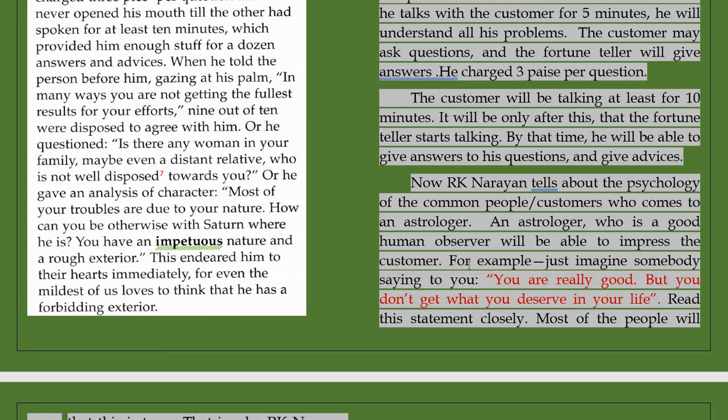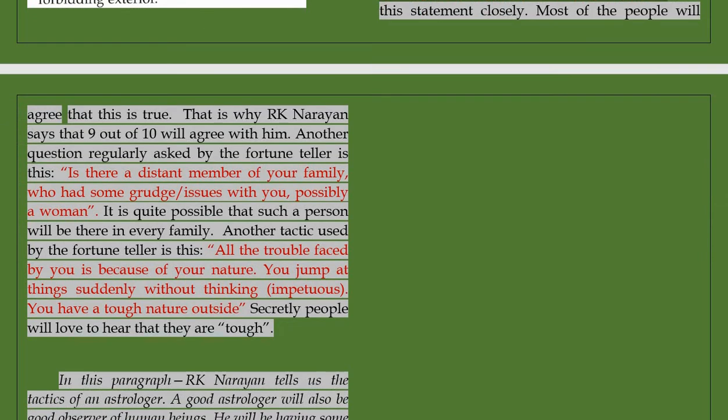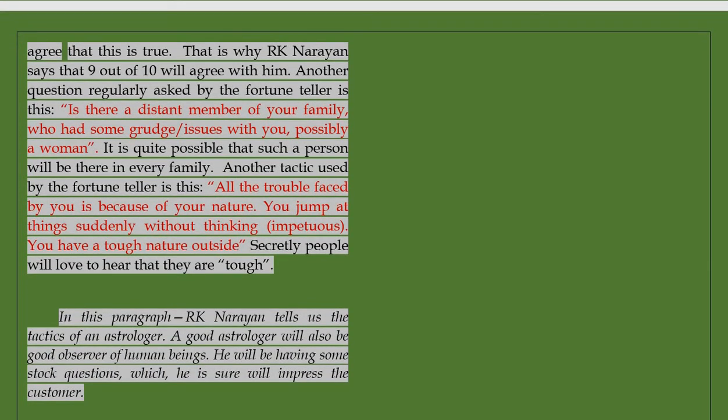I'll read once again. Imagine somebody saying to you like this: "You are really good, but you don't get what you deserve in your life." Read this statement closely. Most people will agree that this is true. That is why R.K. Narayan says that 9 out of 10 will agree with him.